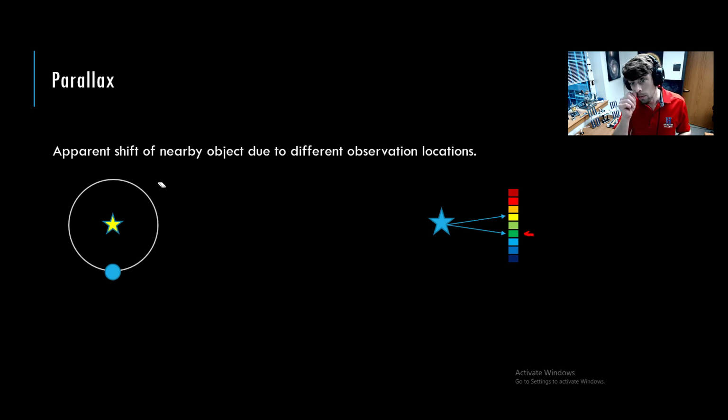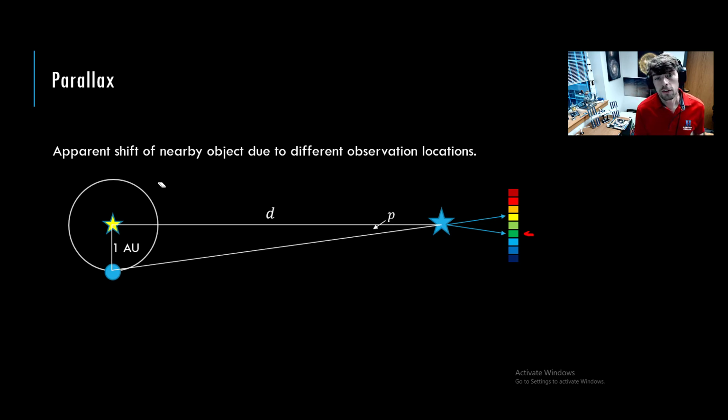Okay, now you actually know how much the star will appear to shift if I give you the distance. For example, if I tell you that this distance is 1 parsec, so 3.2 light years, how much is that object going to shift?